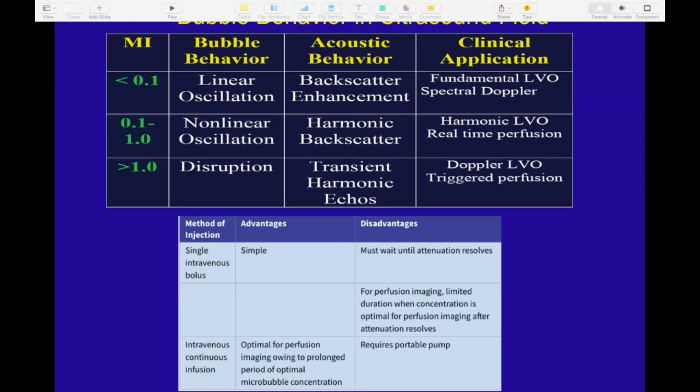And it's not great when you do myocardial perfusion imaging. So it's good for LV opacification, stress echocardiography, and other things. But when you're trying to image the myocardial perfusion, not opacification, you may land up with continuous infusion protocols at that time.